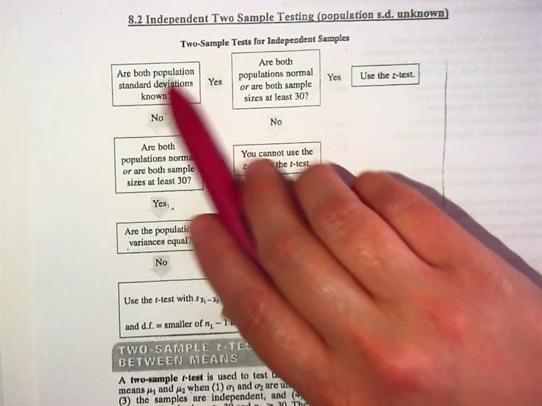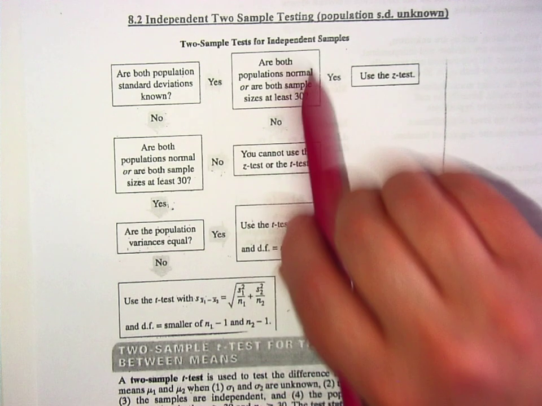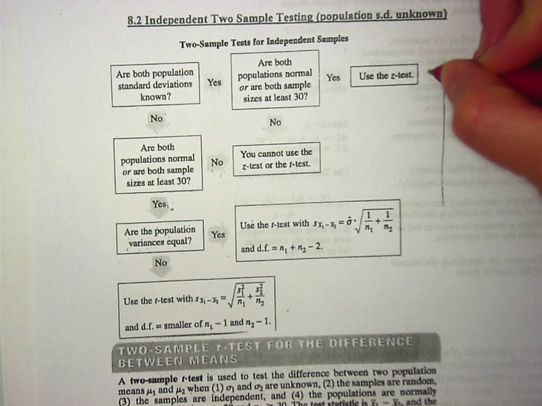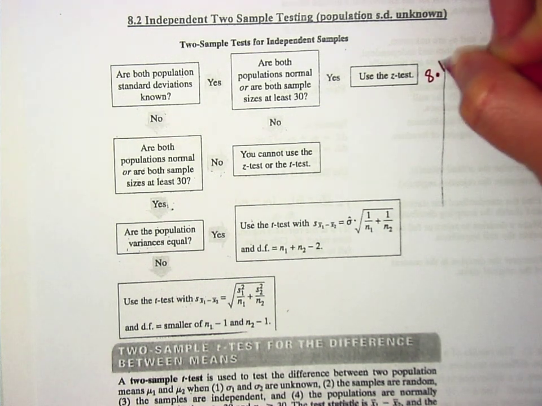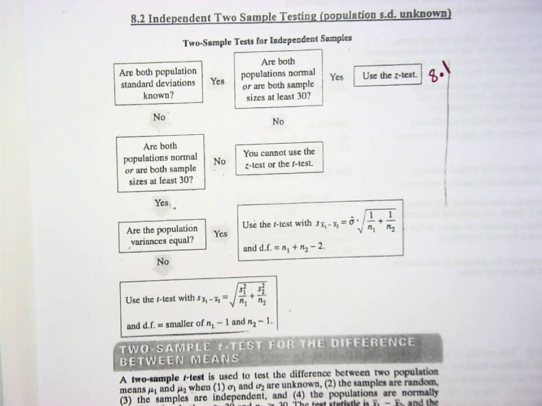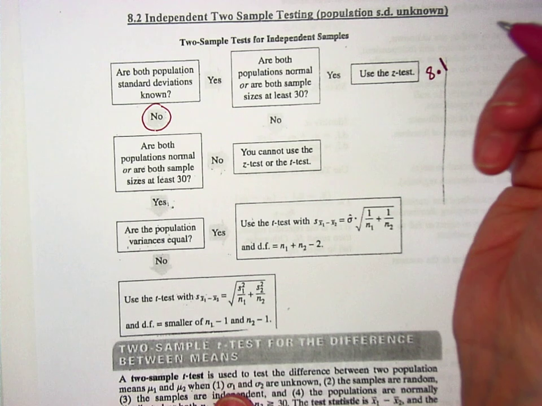All right. So if both population standard deviations are known, and they're both at least 30 or normal, you use the z-test. This is 8.1 right here. If both populations are normal, or the sample size is at least 30, but you don't know the population standard deviations, so this is a no on knowing them.